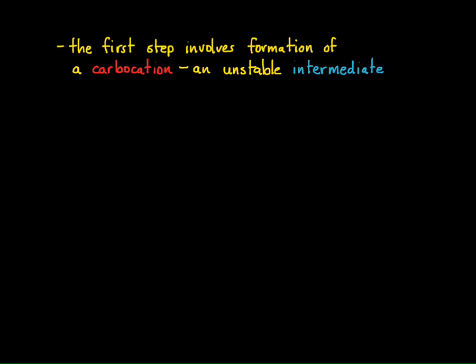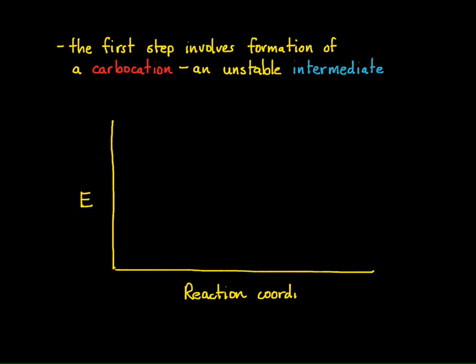It's going to require energy input to form that carbocation. If we think about an energy diagram, plotting energy on the y-axis and our reaction coordinate on the x-axis, we envision at the molecular level what's taking place. We start at some arbitrary energy level where we have the alkene and HCl.